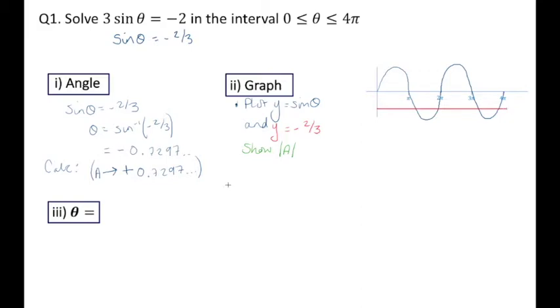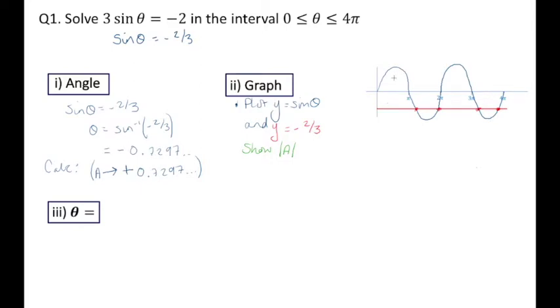So now what we're looking at is all our intersection points. So we can see we've got 4 intersection points within this domain. But again, like I say, we're not interested in the coordinates, we're interested in the x values.